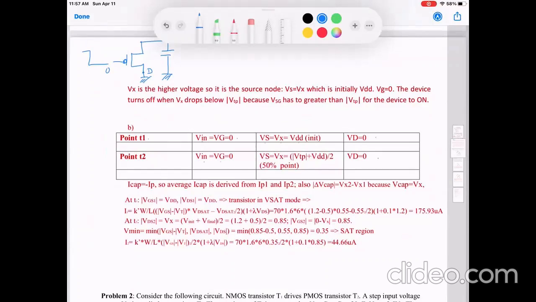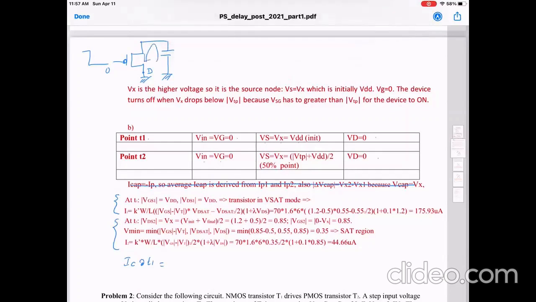Later, we will learn about the average capacitor current. We don't need to worry about this quantity, but if we want to calculate the current that is flowing in the capacitor, IC at T1 will be equal to whatever current is flowing in the PMOS, so it's equal to minus I of the PMOS.